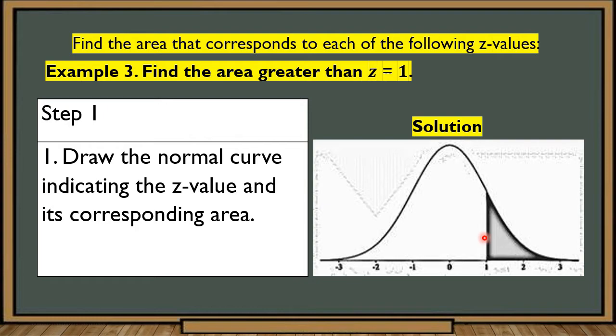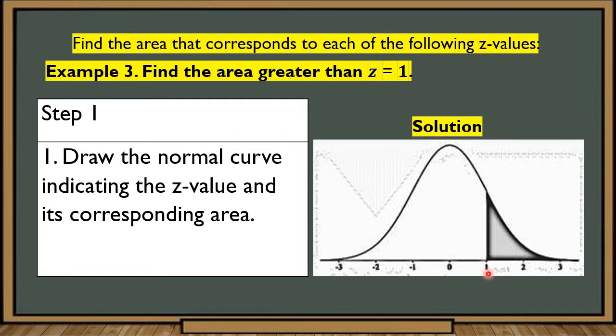We will first locate where is our positive 1, where is our z value. So andito siya, z is equal to 1.